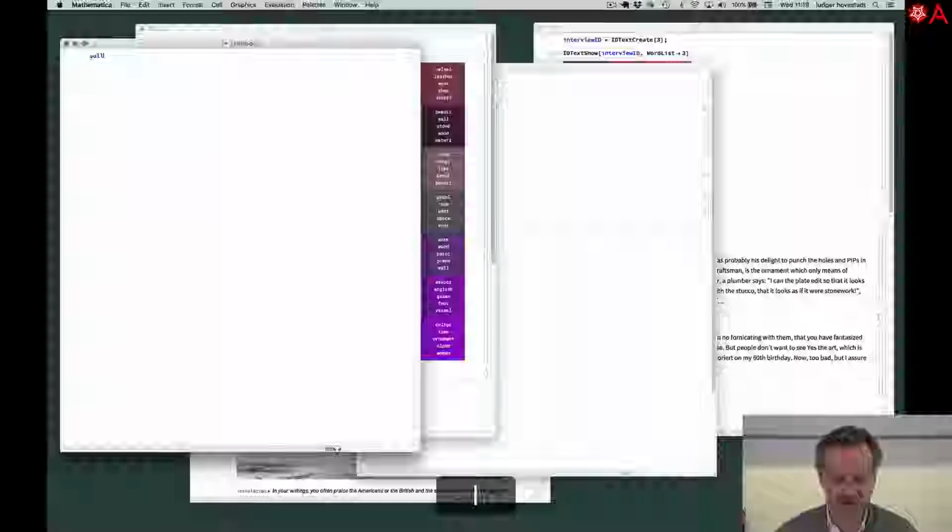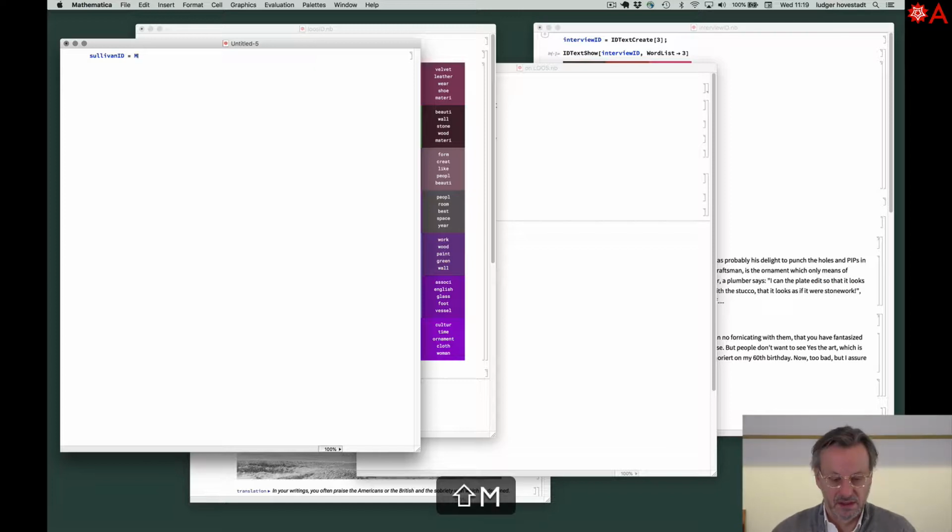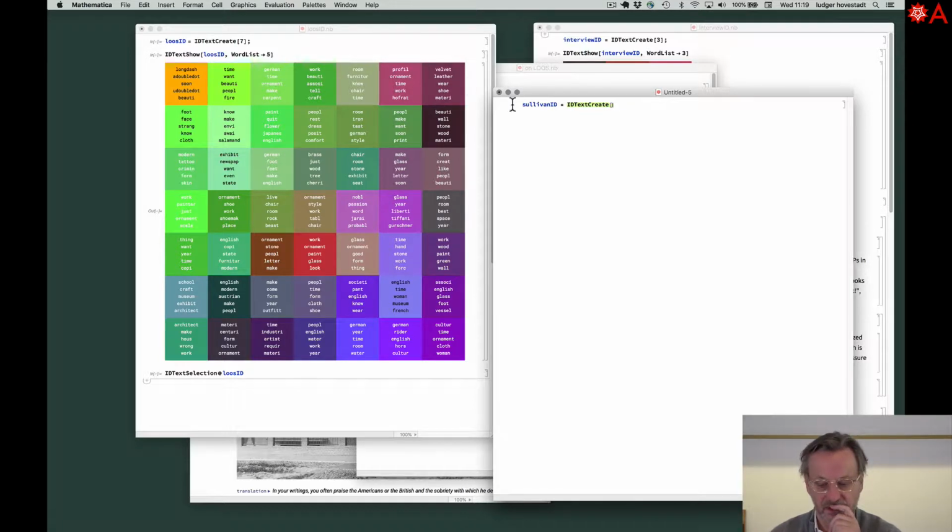It's Sully ID. ID text create. And it's this book, so like with Loos, we take, for example, 7. Then we have 49 different answers he's able to give.